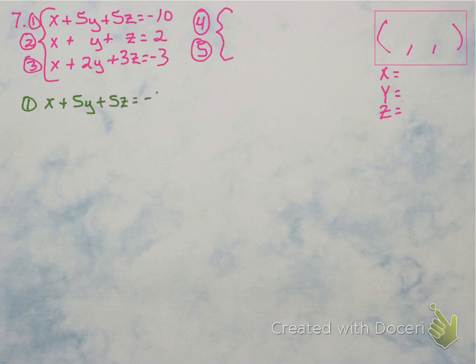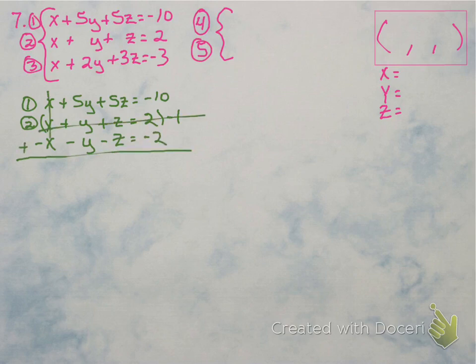Working with problem 1 and problem 2. Going to eliminate my x's, so I multiply the second equation by -1. My fourth equation, 4y plus 4z is -12.